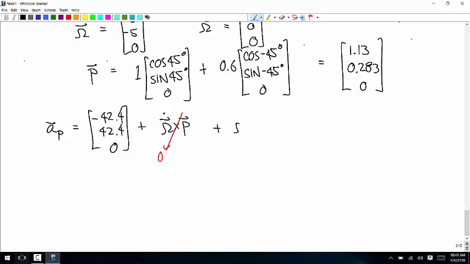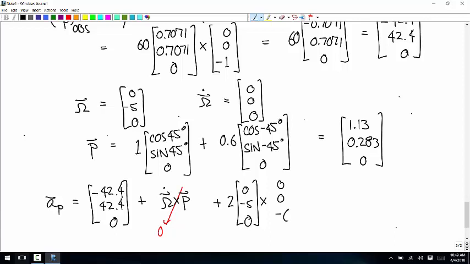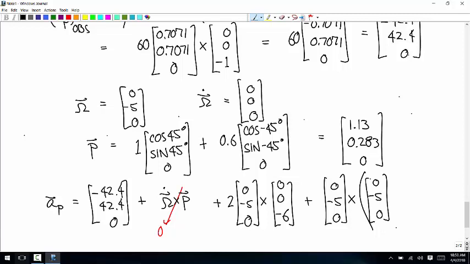Plus 2 times capital omega, which we know, 0, negative 5, 0, crossed with the observed velocity, which is 0, 0, negative 6, plus 0, negative 5, 0, crossed with the quantity 0, negative 5, 0, cross P, which is 1.13, 0.283, 0.